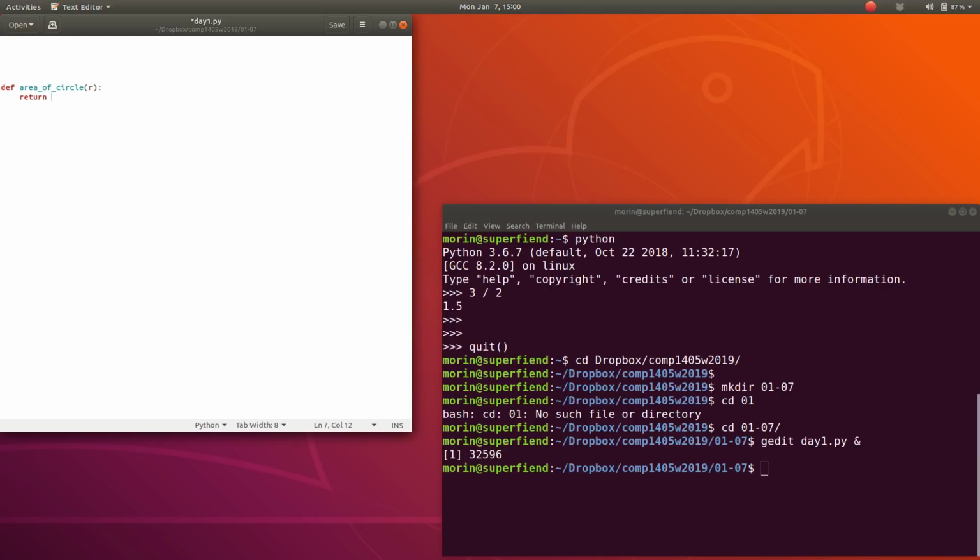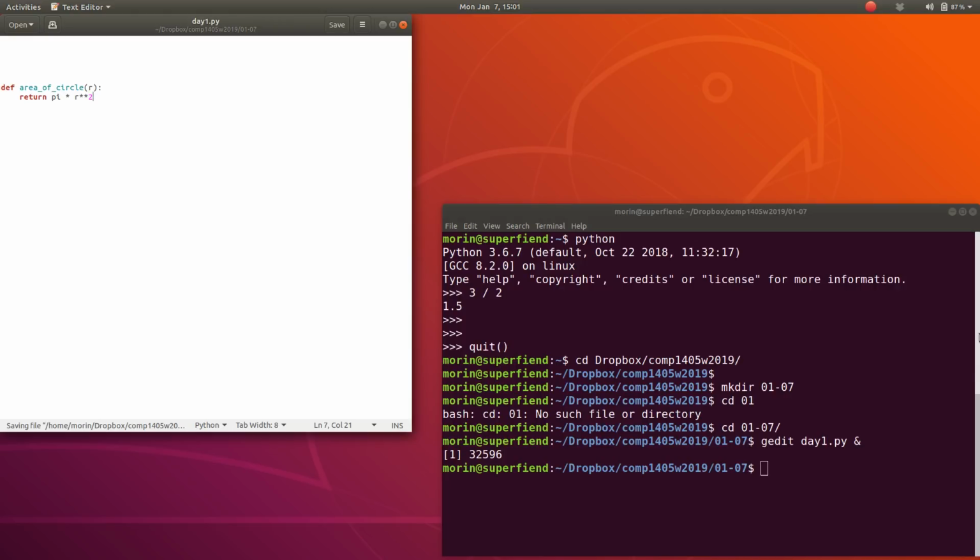Well, I want it to return the area of a circle of radius r. And so someone told me that that's pi times r squared. That looks a little bit messy to read, so let's use that trick of separating things a little bit to make it obvious that the r squared happens before the multiplication.